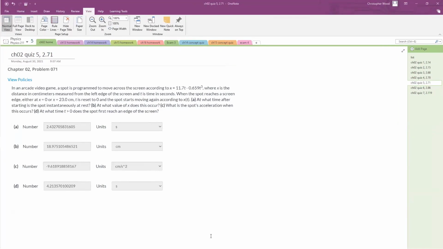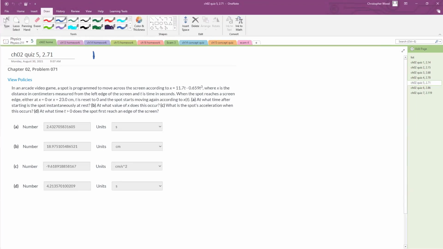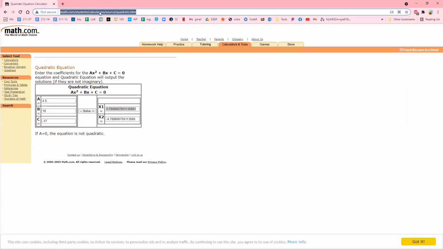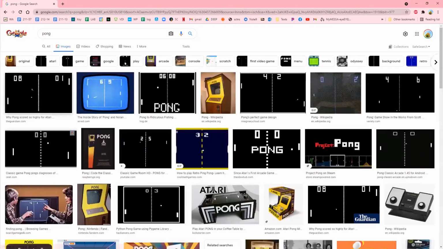In an arcade video game, the spot is programmed to move across the screen. So this reminds me of the game Pong. I think Pong was the world's first video game. In fact, just because I'm curious now, Pong. Yeah, there it is.